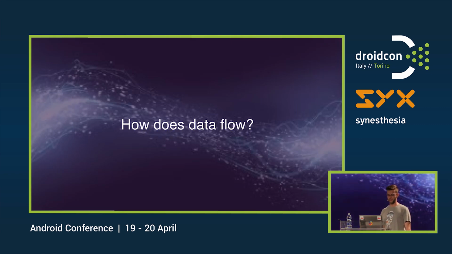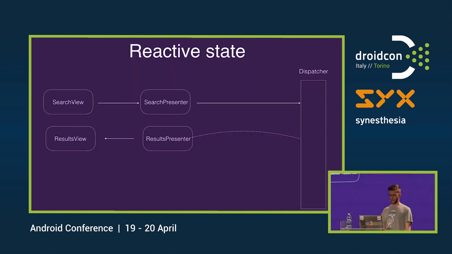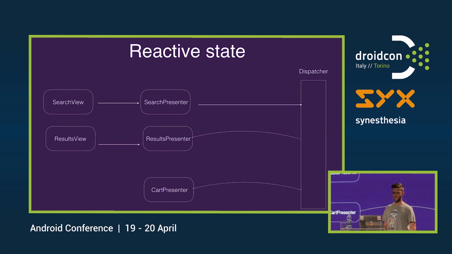So how will this data flow? When show results gets the results, it'll go through our dispatcher, just like it did in our last example. It'll go to our result presenter. Maybe you'll have a second result. This is why it's nice that this is stream-based. We'll be able to push it to our result presenter again. But now, our result presenter may actually want to be able to add things to a cart.